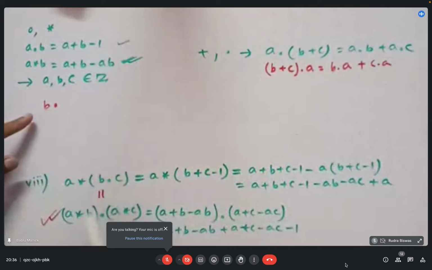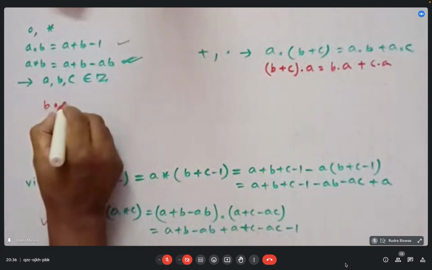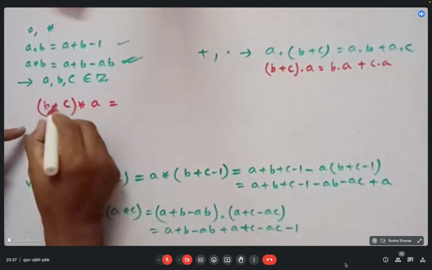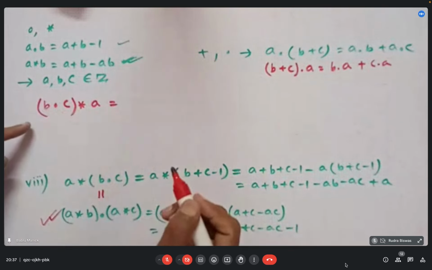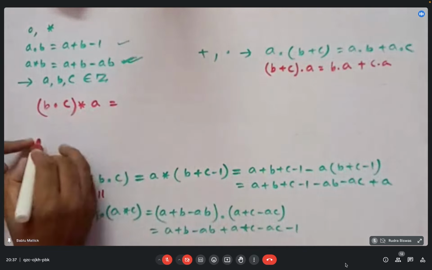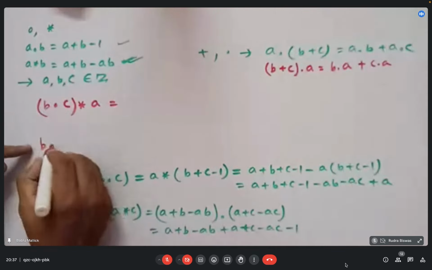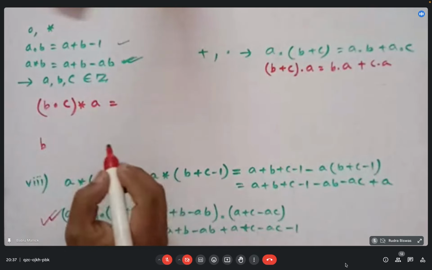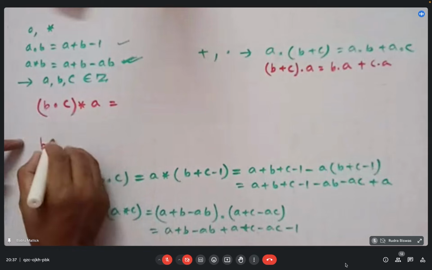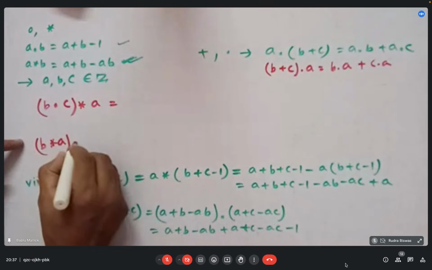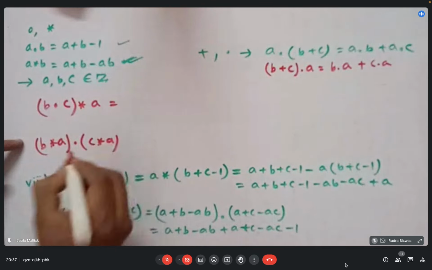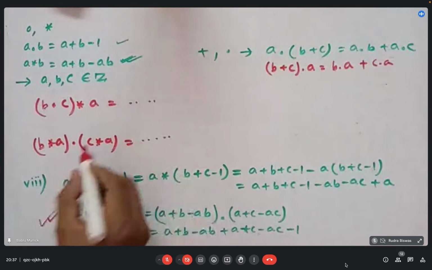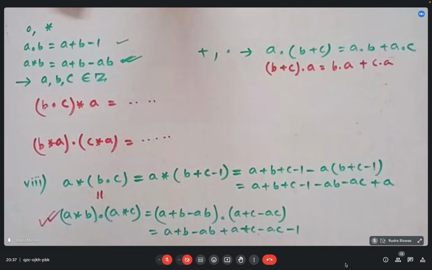So this will be, see, (B circle C) star A. This will become B star A circle C star A. You have to calculate this, and they will be equal.